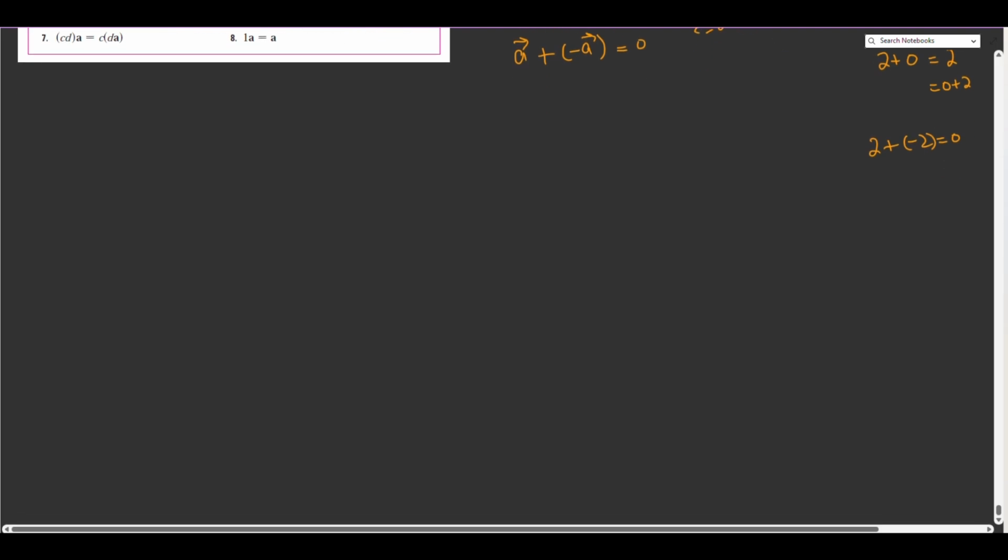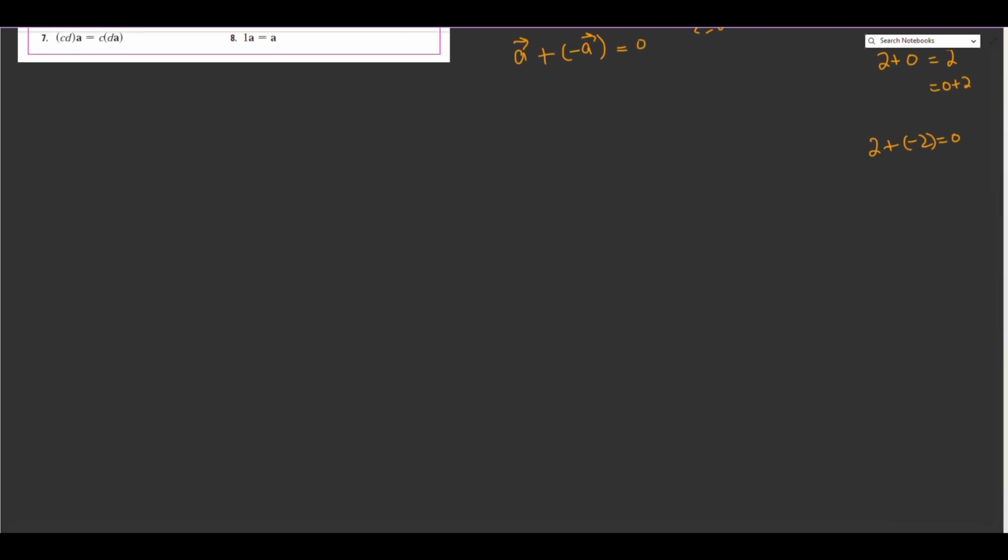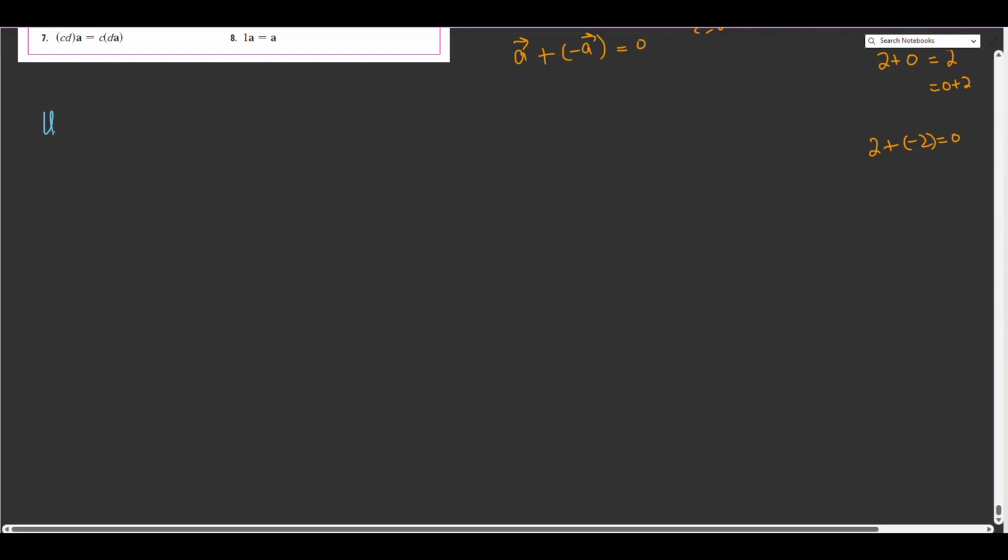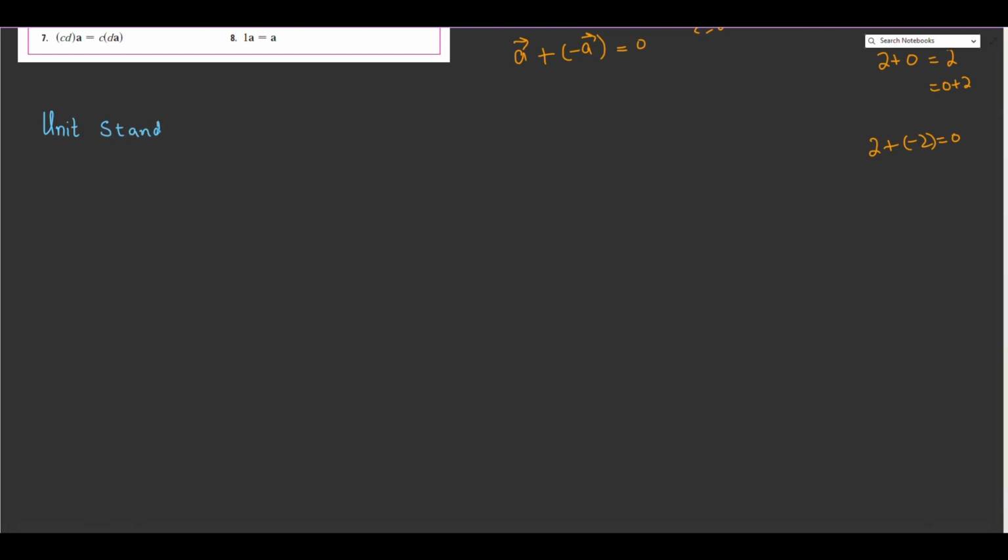Okay. The next thing, which is very important, you need to understand. We call them the standard vectors. What do we call them? We call them the unit standard vectors. So what do we mean by them?